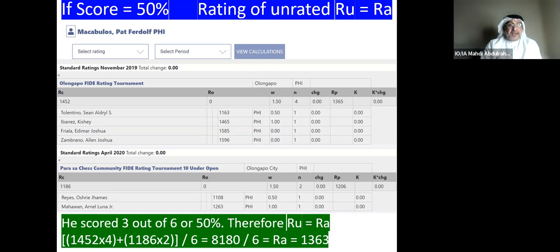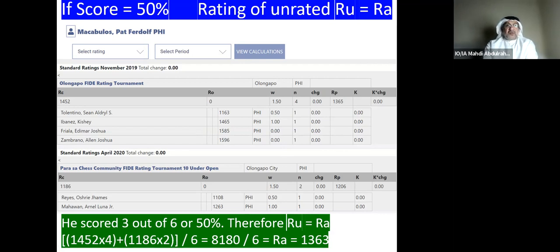In this case, he has to play the next tournament. So in the next tournament, he played with only 2 and scored half with the first opponent and scored 1 point with the second. So in total here, he has 6 opponents. We check how many points he scored. We have 1.5 in the first event and 1.5 in the second event. So total 3 points. He scored 3 points out of 6. This means he scored 50%.